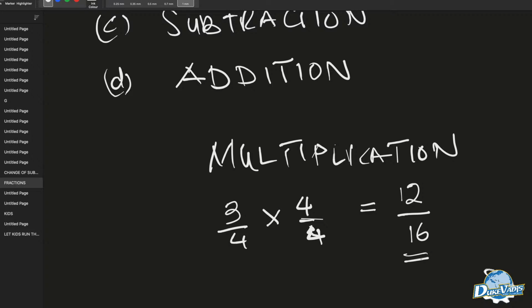Now we know that 12 and 16 can be reduced.